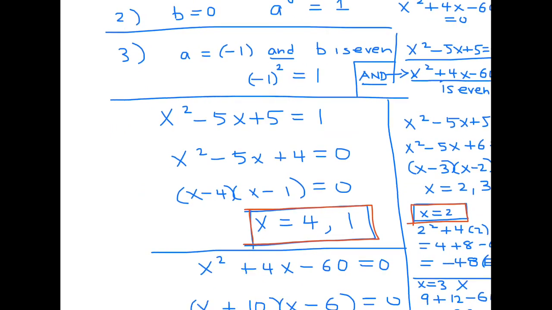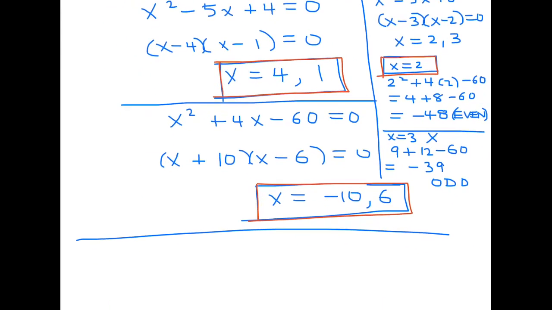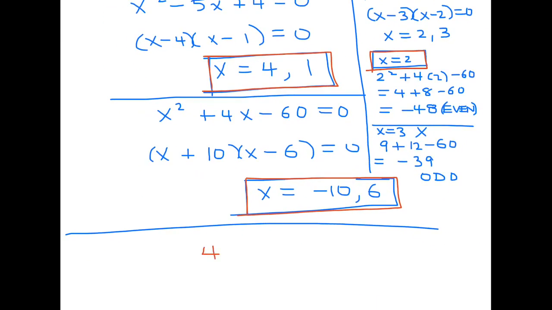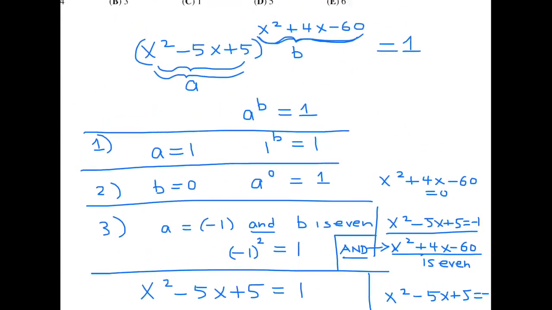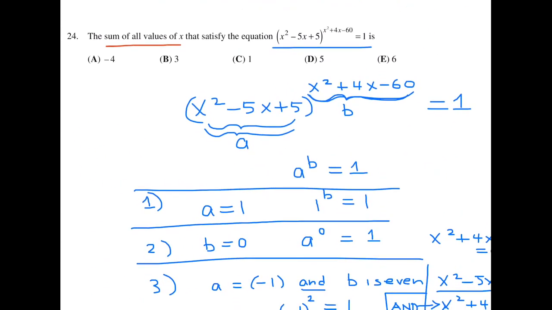So we have to add up these x's. All right. So we have 4, 1, 2, minus 10, and 6. And that will equal 3. So the sum is 3, and therefore the answer is 24 is B.